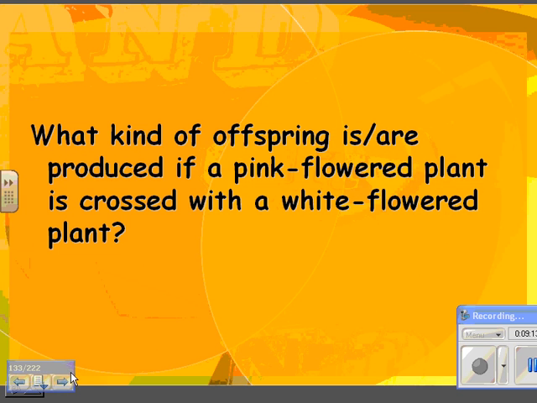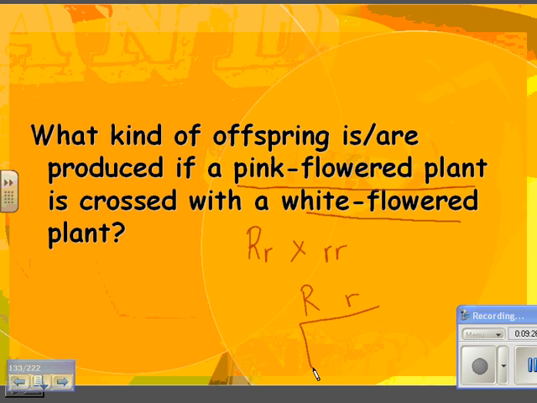What kind of offspring would be produced if a pink flowered plant is crossed with a white flowered plant? So the gametes here would be big R, little r, and the gametes here would be little r. There's another little r, you can draw it if you want. You don't actually have to.